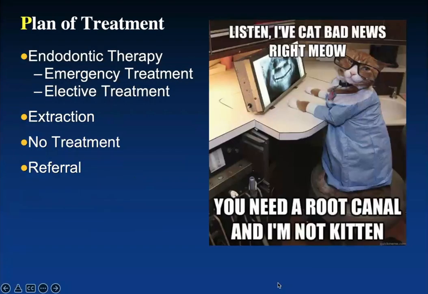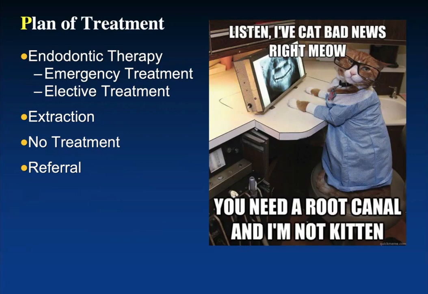Now, planning for the treatment. As long as you understand the situation and manage to reach a conclusive diagnosis, you're going to start planning for the treatment. As a general dentist, you have 4 options.